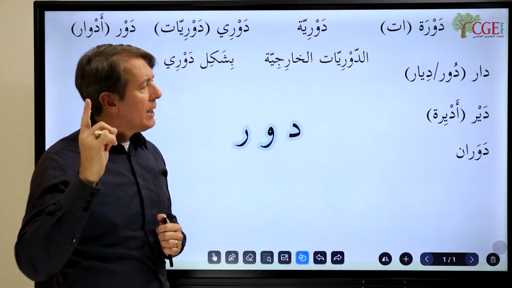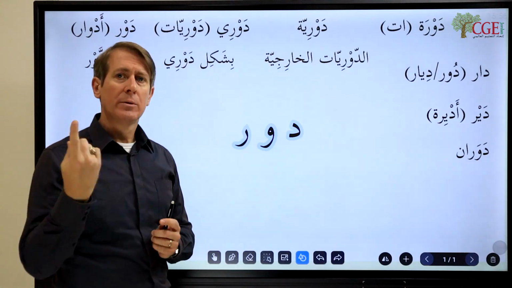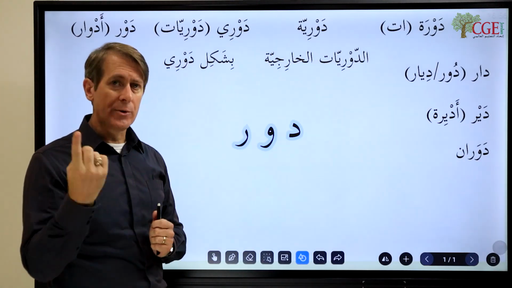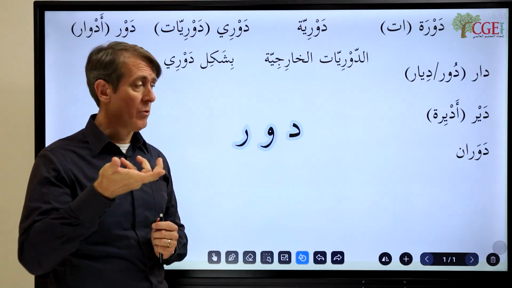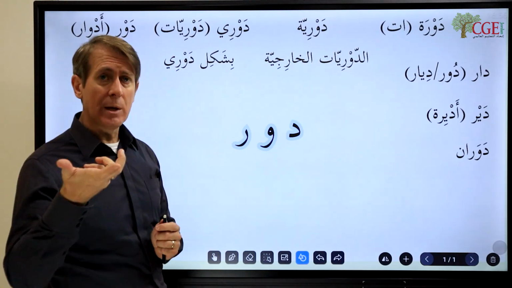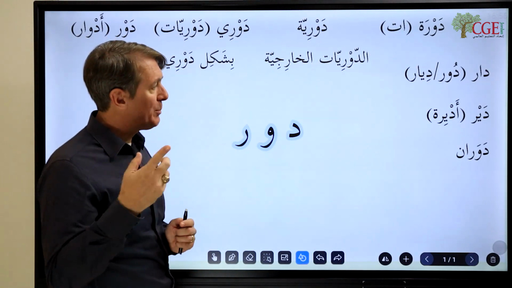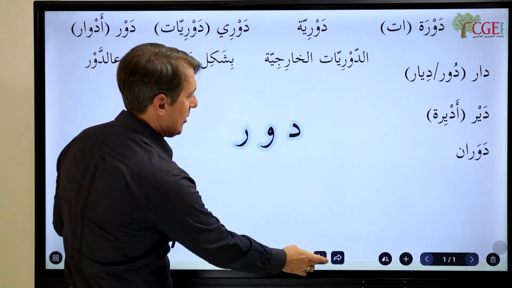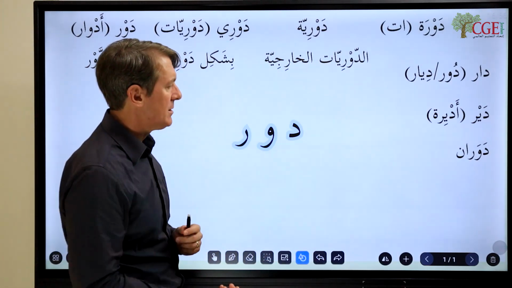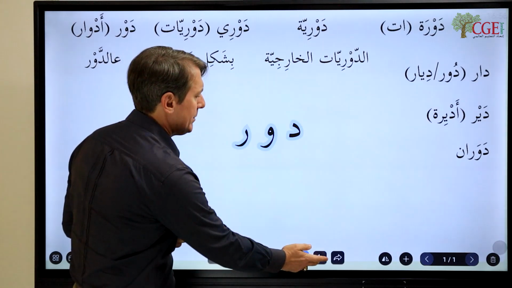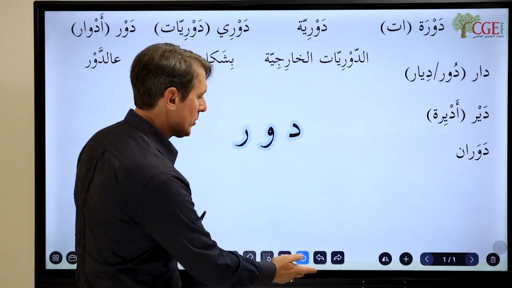So we would say Dawran al-ard, okay? Dawran al-ard means the spinning or rotating of the earth, okay? Dawran al-shams, like that. So it's spinning. And that's the noun. It's more used in sciences, العلوم أكثر من ما بنحكي بالعامية. Okay?